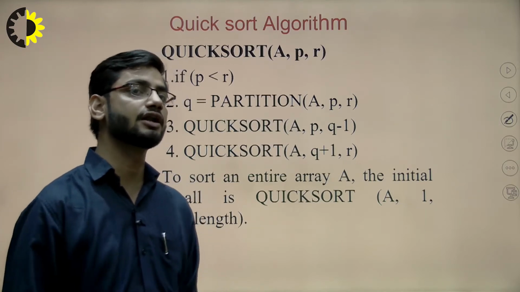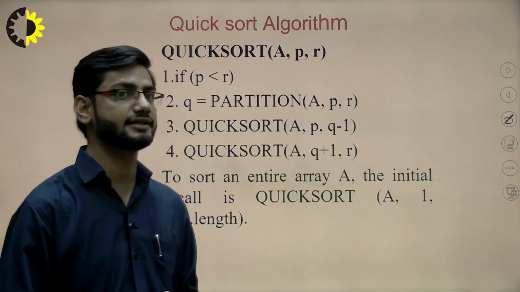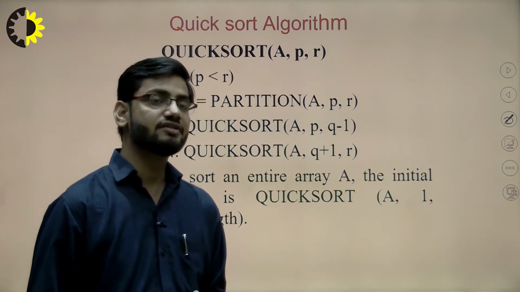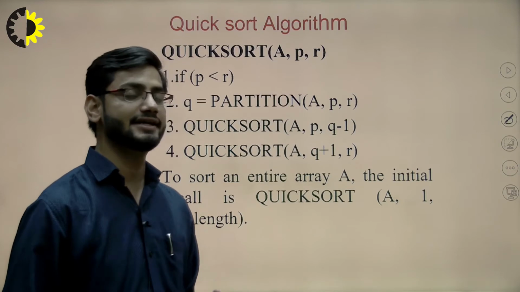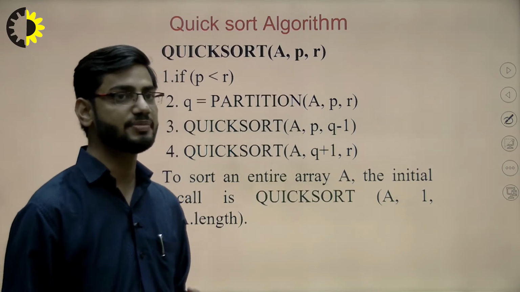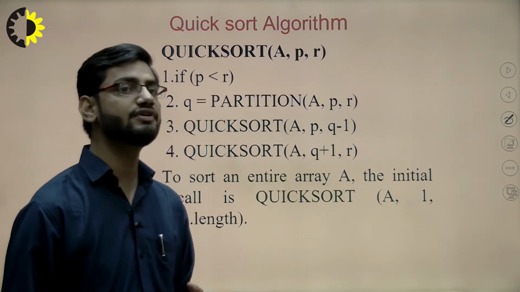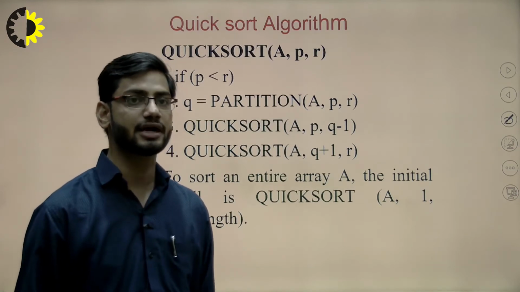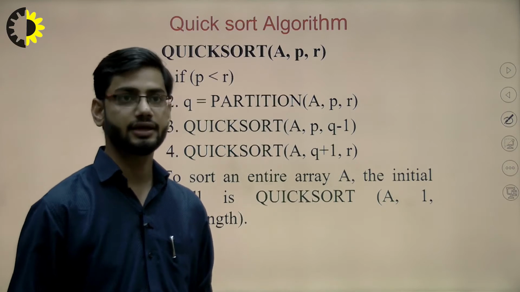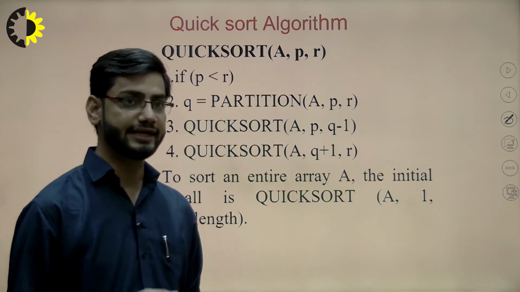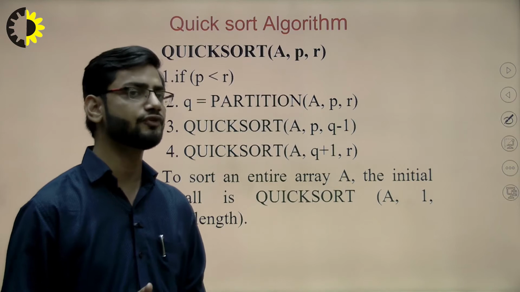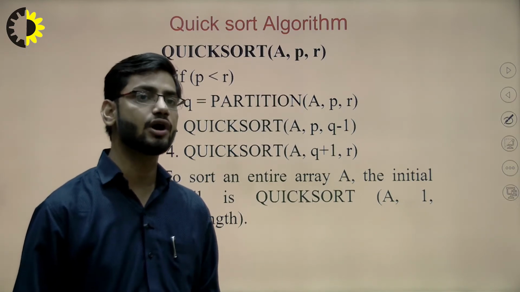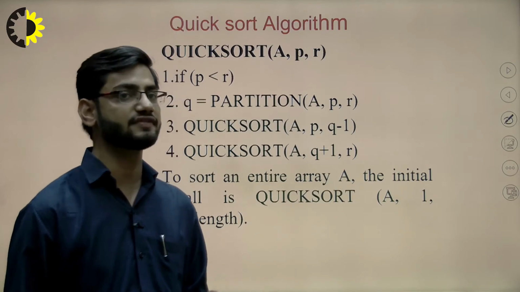In the quicksort algorithm, the array A is taken and the starting and ending indices are p and r. First of all, we check whether the starting index is less than the ending index or not. If p is less than r, then we do the partition, and there is a sub procedure partition which is called here, and which gives the index q for partitioning the main array. Then we recursively call quicksort on the two half sub arrays.